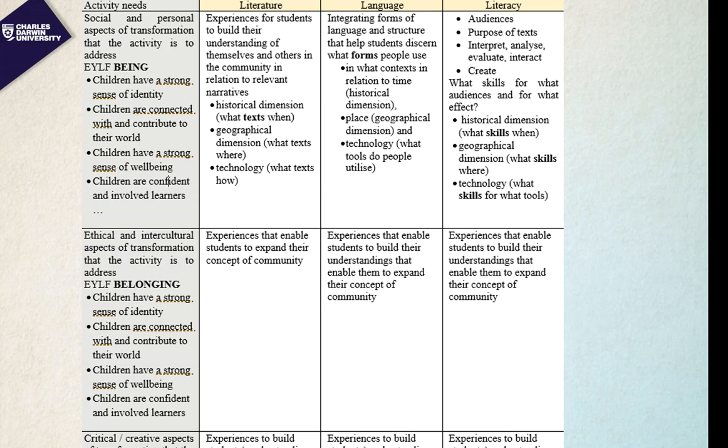Now, once you've done that, then you do the same as for assignment 1, which is now you again look at your resources and you think to yourself, okay, what kind of community do they reflect? Right? So this is this ethical and intercultural dimension. And once you've done that, you look at also again at the choice of your literature, and you think to yourself, all right, so we look now into creative and critical aspect. What kind of range do I actually expose students to?